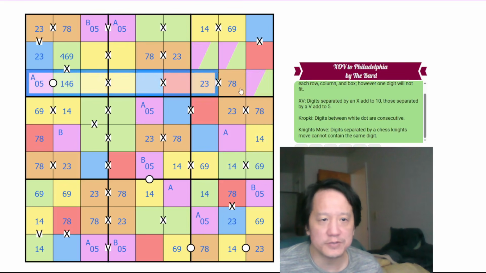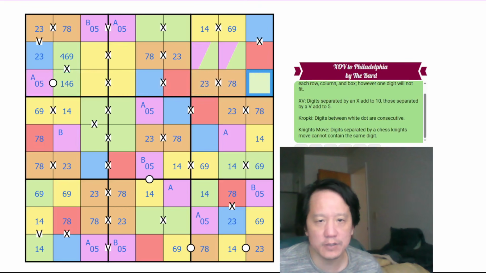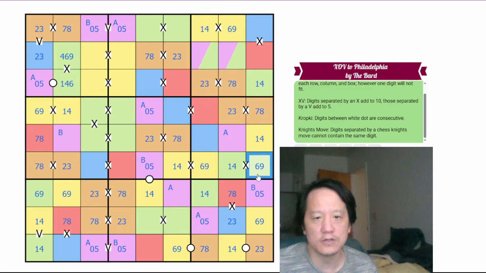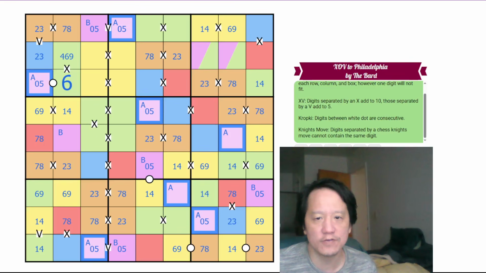A and B both see this cell, so this cannot be a pink, which means that is the green, which is 1 or 4. It's the low 1 or 4, which means this can't be low 1 or 4. It has to be 6. This is the high 1 or 4. So this is 6 next to, which means A has to be 5.